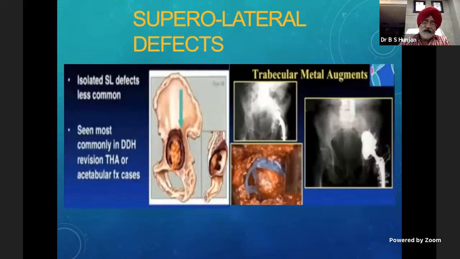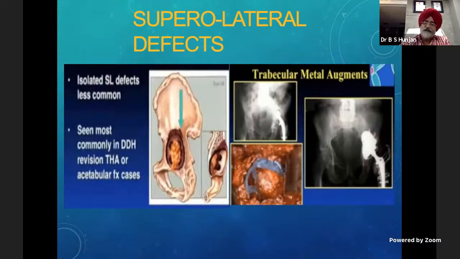Now, if there is a superolateral defect, these defects are much less common, and are seen most commonly in developmental dysplasia of the hip, in revision THA, or in acetabular fracture cases.